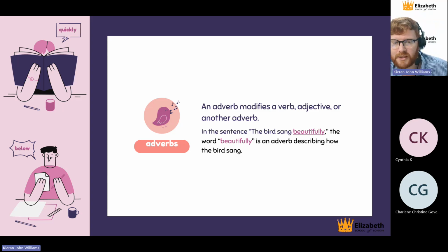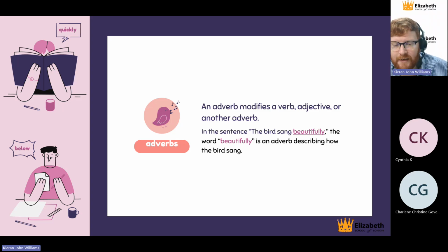They are very similar to adjectives in that they describe something, but they describe an action rather than describing a noun. In the sentence here, the bird sang beautifully. What we're doing there is describing how the bird sang.